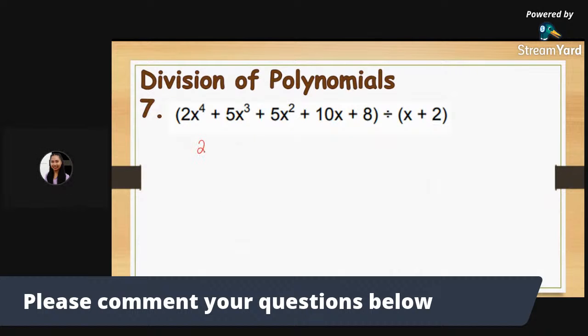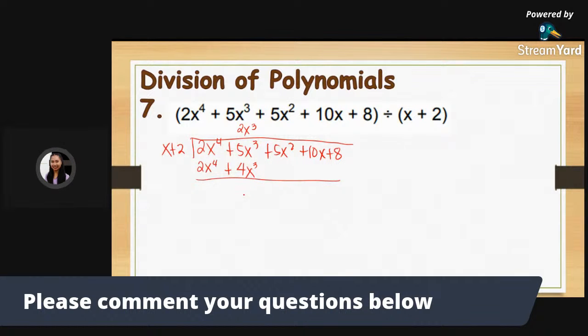So we have 2x to the fourth plus 5x cubed plus 5x squared plus 10x plus 8 divided by x plus 2. So 2x to the fourth divided by x is 2x cubed. So again, go back by multiplying. We have 2x to the fourth plus 2 times 2, we get 4x cubed.